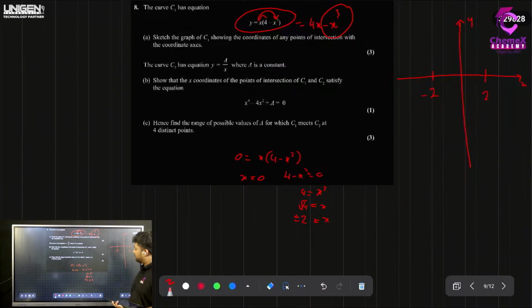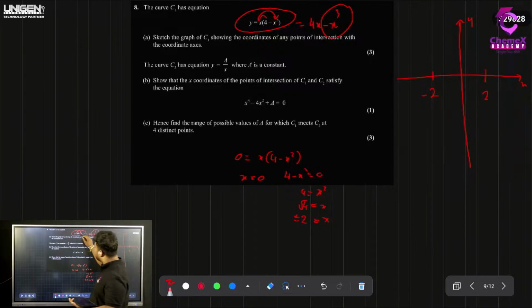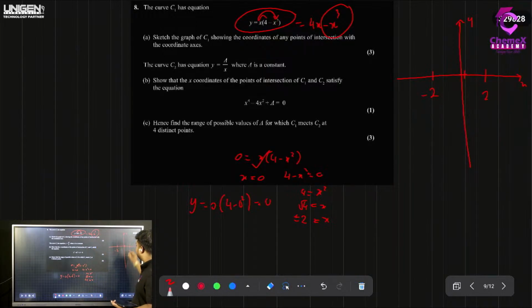Then when x is 0, y equals 0 bracket 4 minus 0 squared. So of course it's going to be 0. So this is the other coordinate. So these three are the coordinates of intersection. Now how are you going to draw the graph?